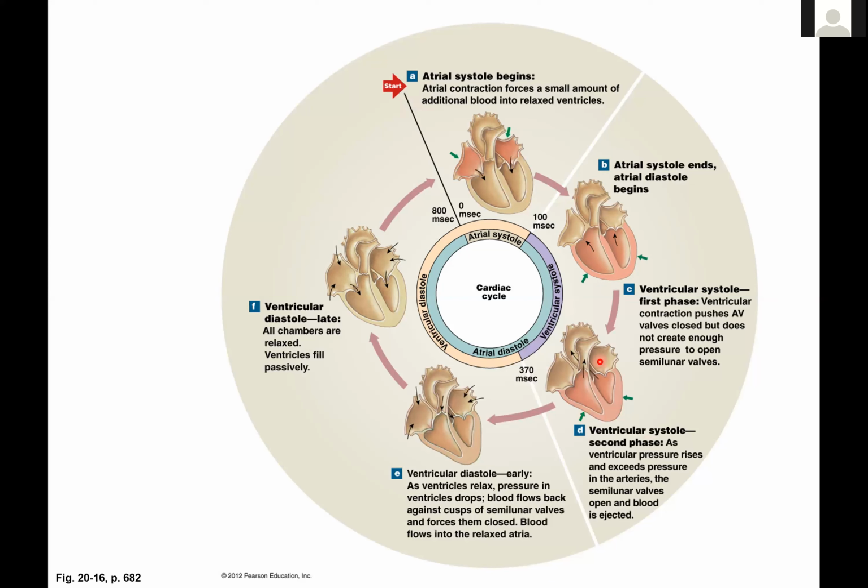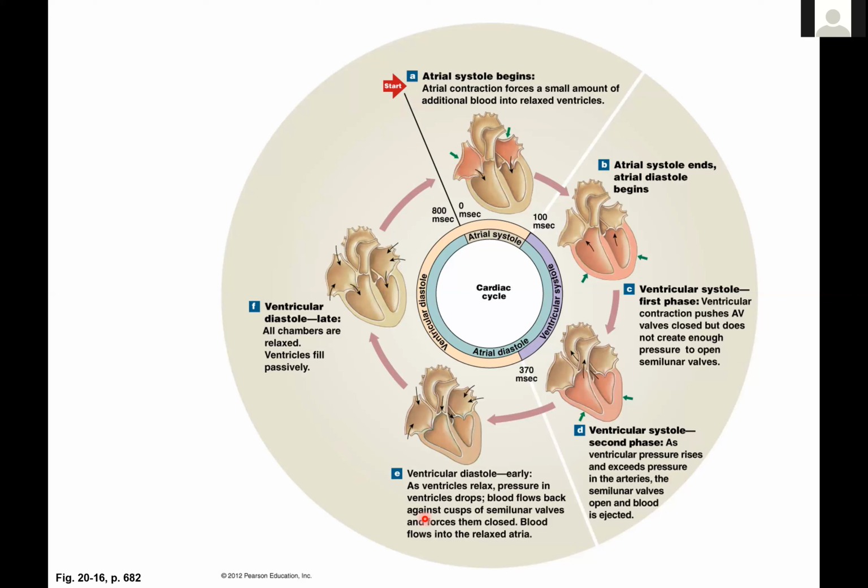As the tension continues to rise, ventricular pressure is going to eventually exceed the pressure in the arteries, and the semilunar valves will open. Now we're past isovolumetric contraction and we're into ventricular ejection. And after that, we get ventricular diastole.